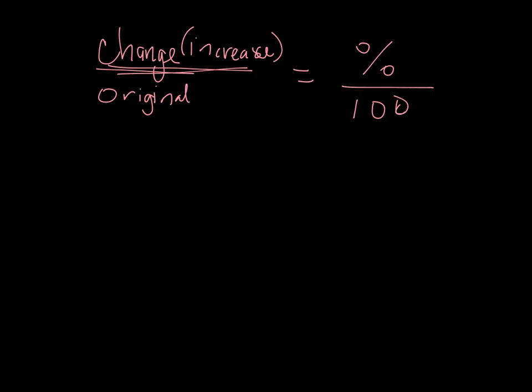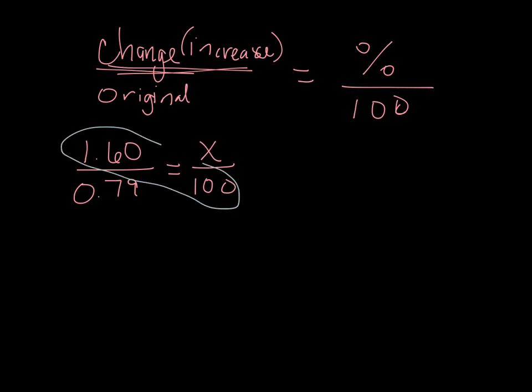So again, remember we found that difference already. The change is $1.60, 160, over the original. Now this is what seems weird and confusing, that the original is much smaller than the increase. Our original remains 79 cents, or 0.79. We set that up to x over 100 because it's the percent that we don't know. Of course, we're going to solve this just like any other one of these problems we've ever done before.